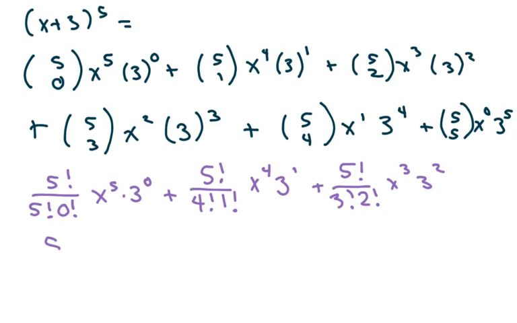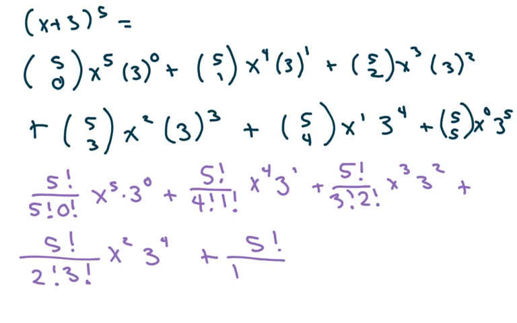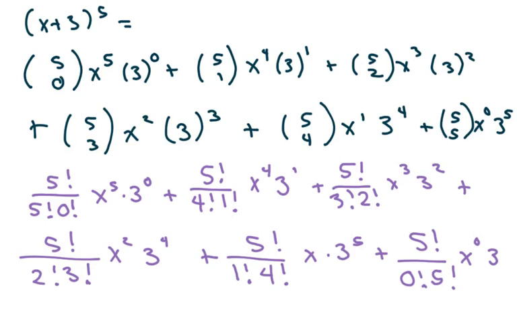The next one's going to be 5 factorial over 2 factorial, 3 factorial, x squared 3 to the fourth, plus 5 factorial over 1 factorial times 4 factorial, and this is going to be x times 3 to the fifth, plus 5 factorial over 0 factorial times 5 factorial, x to the 0, 3 to the sixth.